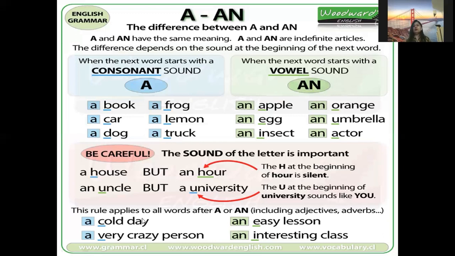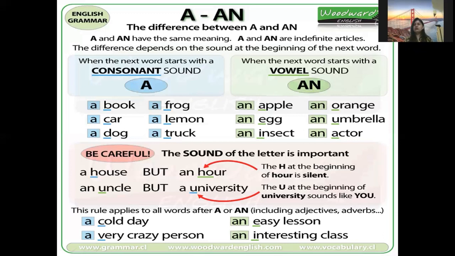Now, this same rule applies for all the words when we use a or an, whether it's a noun or adjective or adverbs. Now, see these words: cold, very, easy, interesting. All these are adjectives. Here also the same rule will apply. The sound should be a vowel sound.